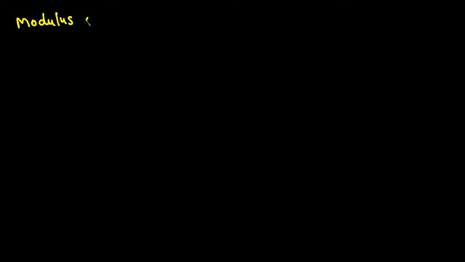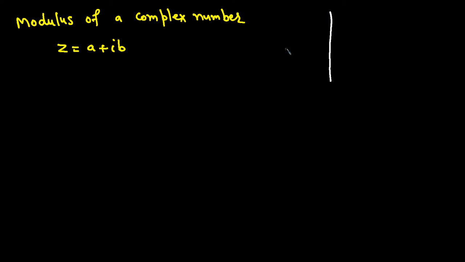Let's say I've got a complex number z equal to a plus ib, and let's represent this number on a complex plane, or Argand plane as they call it. So there you go.